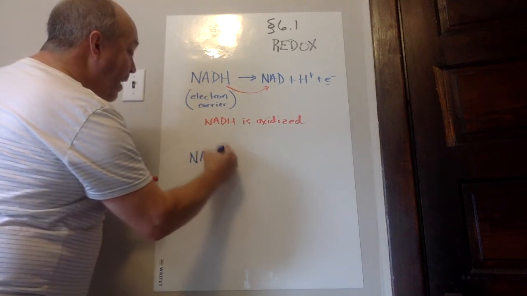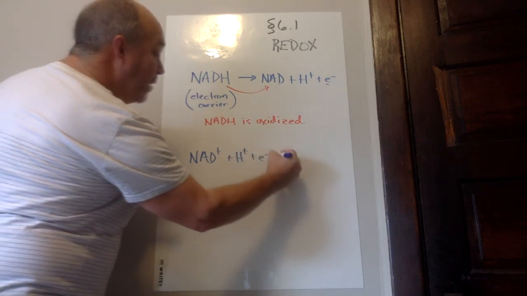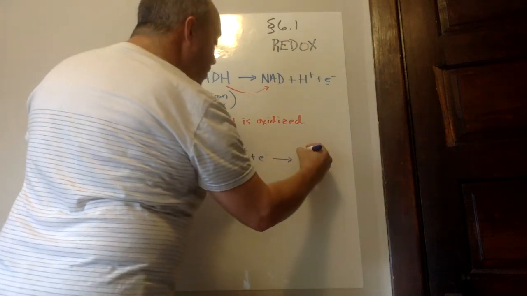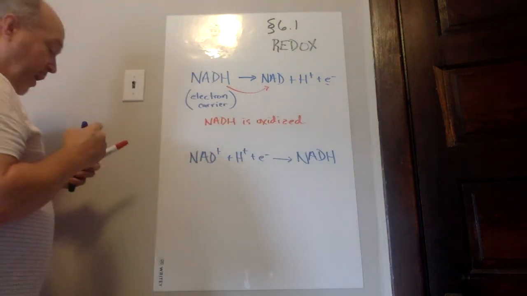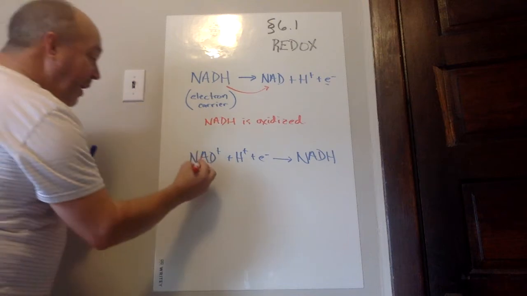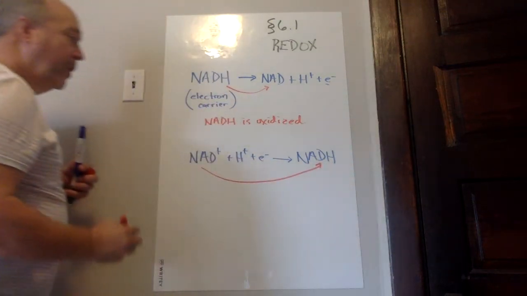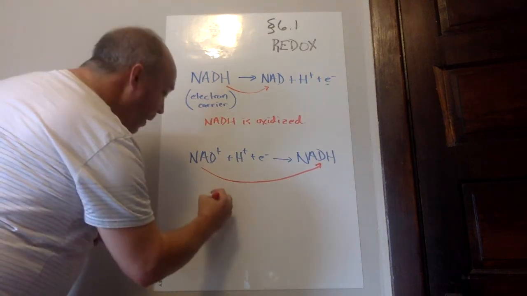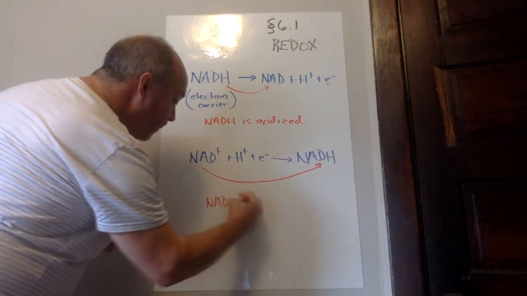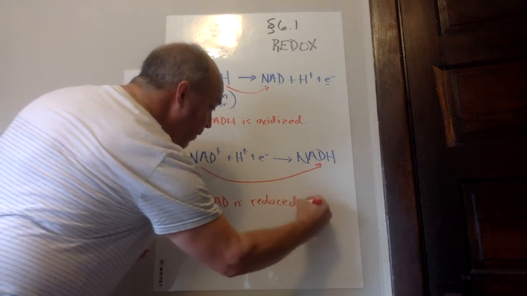So NAD plus a hydrogen ion plus electrons can be built back into NADH. So now we see that the NAD has gained a hydrogen, so therefore it has been reduced. So NAD is reduced in this equation.